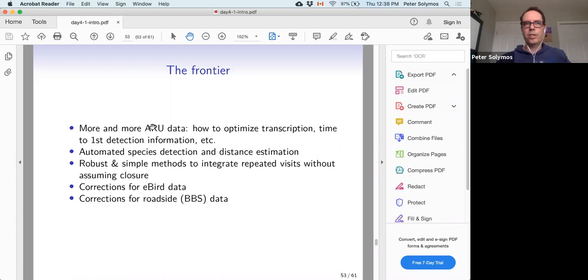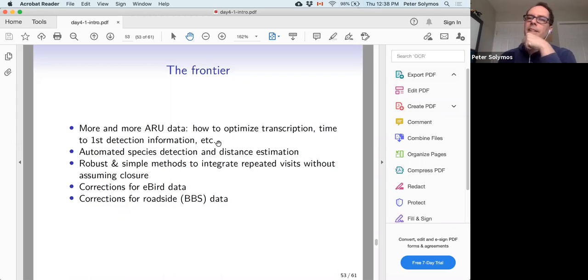Time to first detection information is going to be available, how you can use that, how you can maybe use automated species detection and distance estimation, or maybe just ditch this whole QPAD idea and come up with something else that can handle these other variations in methodologies, human point counts, recording units, all kinds of data.